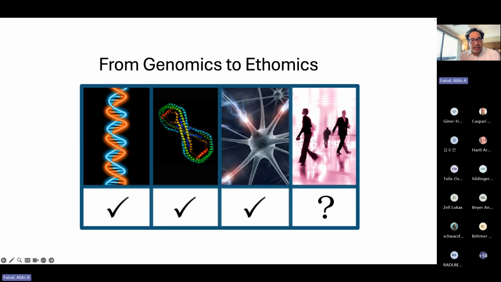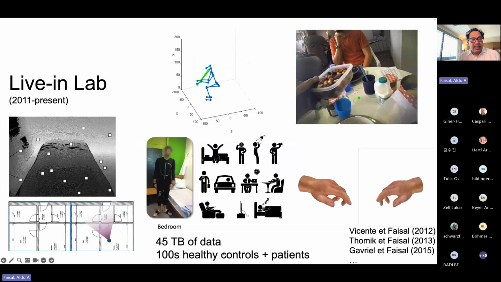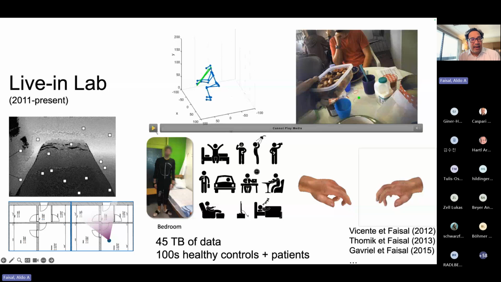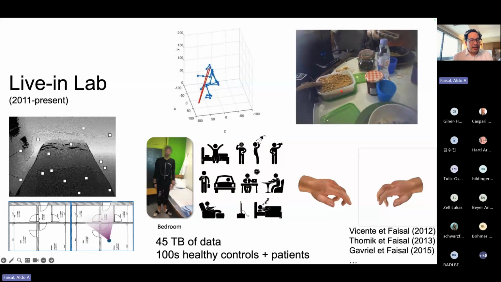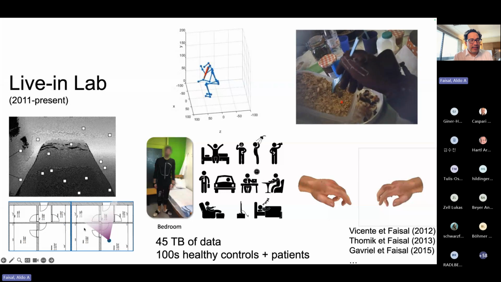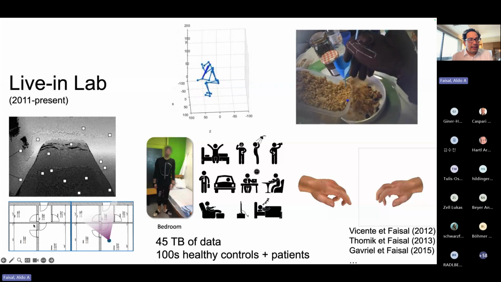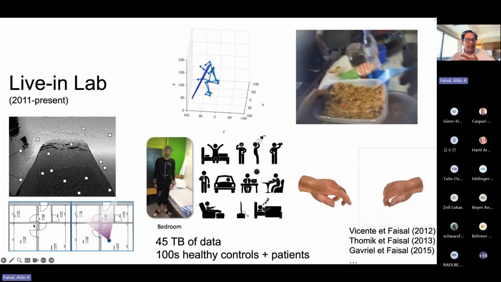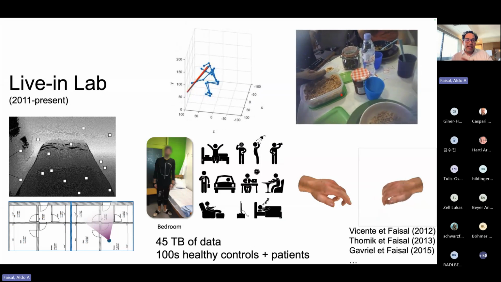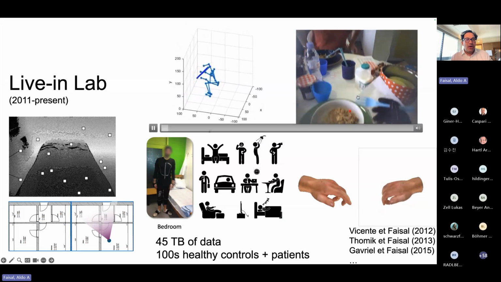And so what we built over the years is a range of setups, effectively labs where we get people to live in flats. You're seeing here two flats that we currently have in Kulmbach in Oberfranken, where people can move in and live, and we collect every single movement of their body, every single movement of their fingers, and where they're looking.